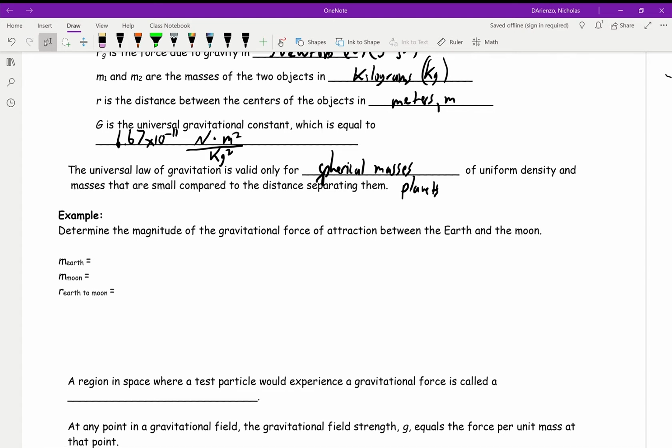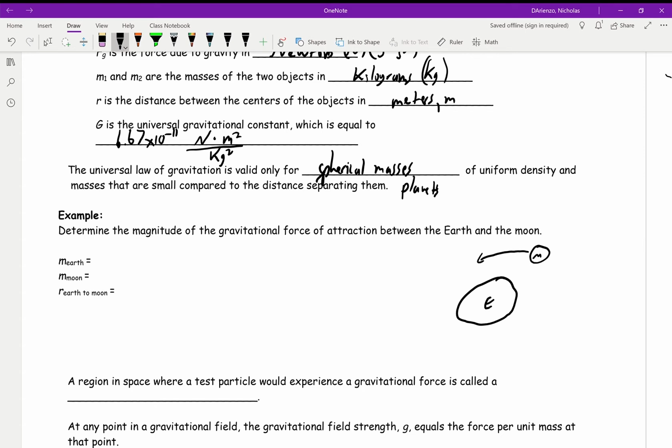So you can see how an example of this might play out. Let's determine the magnitude of the gravitational force of attraction between Earth and the Moon. So we have Earth here, and we have the Moon, not trying to scale, rotating around the Earth.